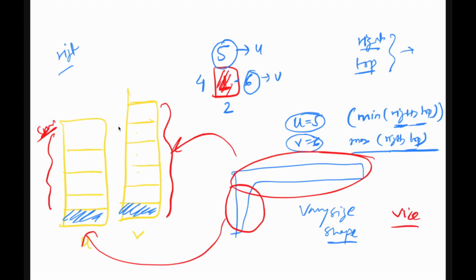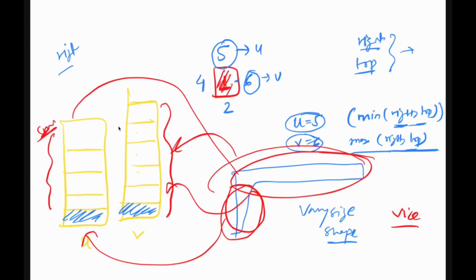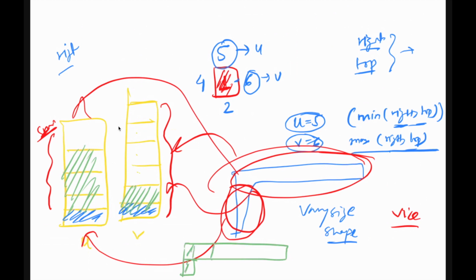We can take the smaller part from this and we can take the larger part from this. Now you'll say how? Let's say we take 2 cells from here and we take 4 cells from here. So we will get an L something like this of 2 sides here and 4 sides here. So this is a valid L shape, and the smaller one comes from v and the larger one comes from u.